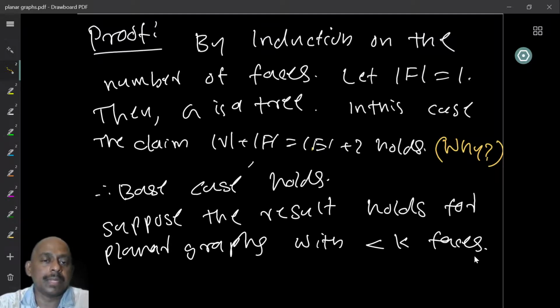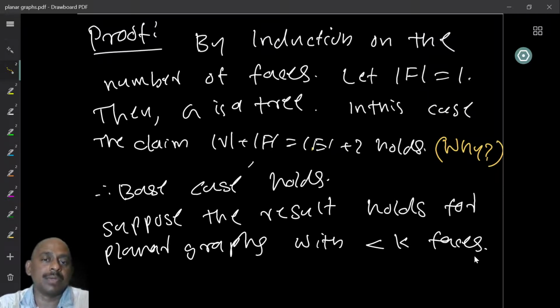Can you tell me why? Think about this and see why the identity holds if the graph is a tree. The identity is that the number of vertices plus the number of faces is equal to the number of edges plus 2. Because we already know that for a tree, the number of edges is equal to the number of vertices minus 1.